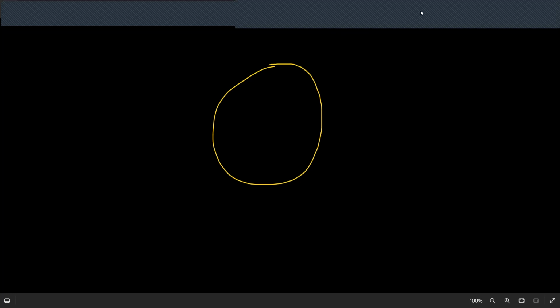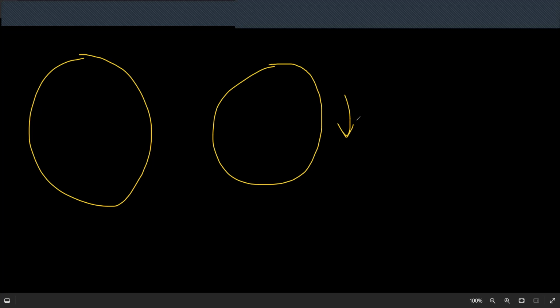If its atomic size decreases, it's smaller than this, let's suppose. When it decreases, the distance between the nucleus and the valence shell decreases, which means the force of attraction is more. So if we add an electron, it will quickly go there. So as atomic size decreases, EA increases.